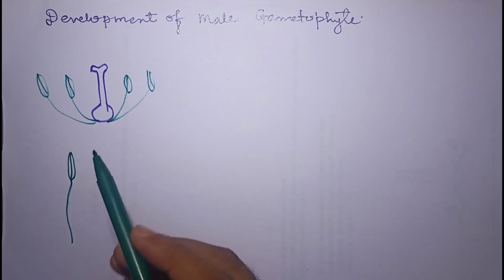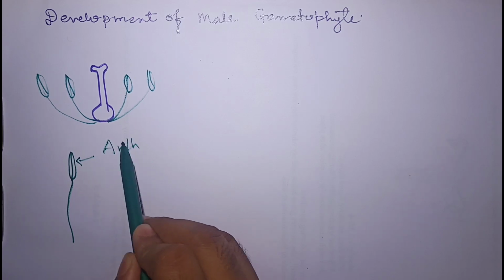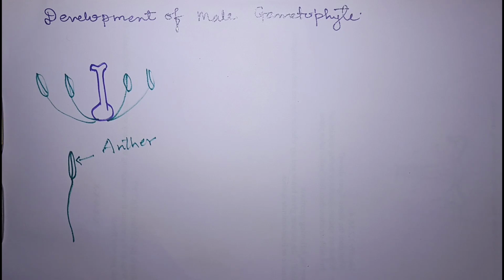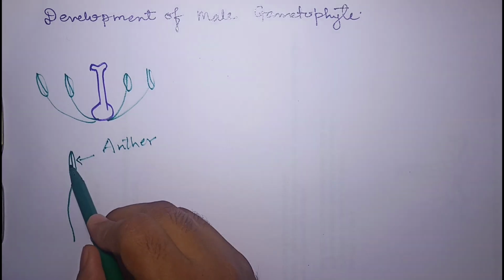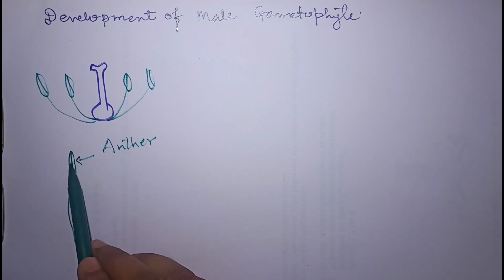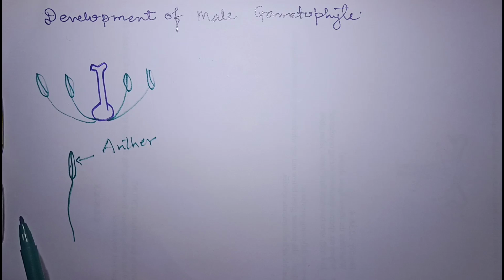Now this upper part is called anther. This anther is bilobed. It means it has two partitions, like our human heart has 4 chambers. This anther is divided into 2 compartments, so it has 2 lobes, and each lobe contains 2 locules.